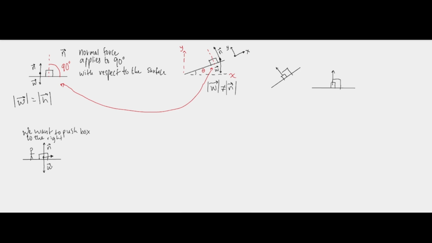And if the box is really heavy and it doesn't move, well, if it's not moving, then we have to balance out this force over here. I'm going to call this F push. So we have the force that's being applied here that's pushing to the right. And if it's not moving, we know that F net has to be 0. So we know that F net is equal to 0 since it's not moving. So I need obviously some vector to counter this F push.